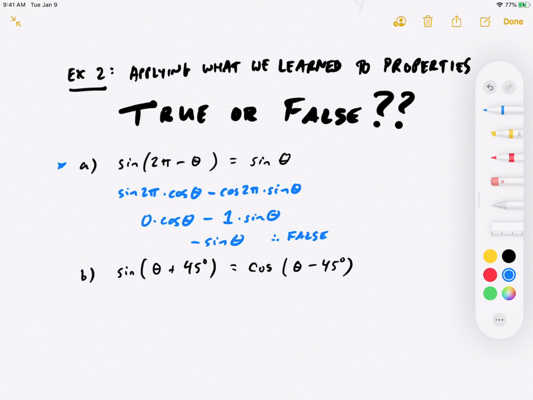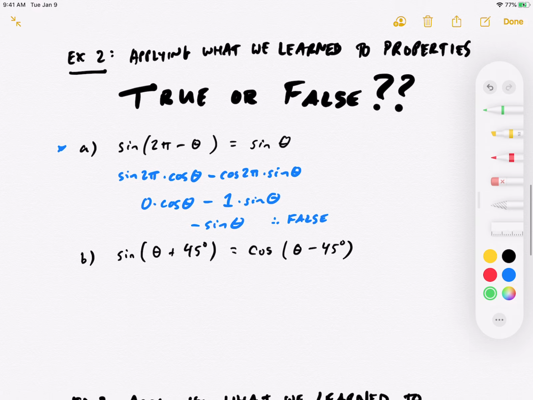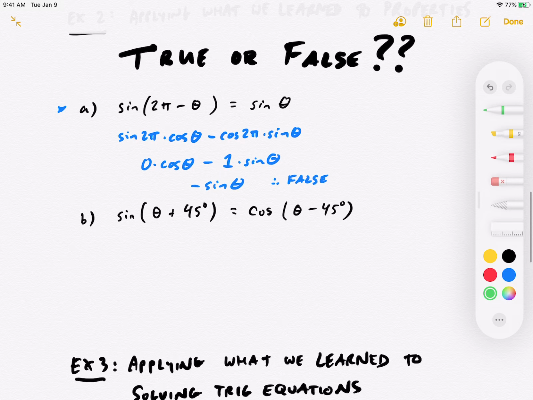Meanwhile, for the second statement here, if I wanted to know if sine of theta plus 45 degrees was equal to cosine of theta minus 45, again, I could think about this by rotating on the unit circle, but instead I could say the sine sum would give me sine of the first times cosine of the second plus cosine of the first times sine of the second.